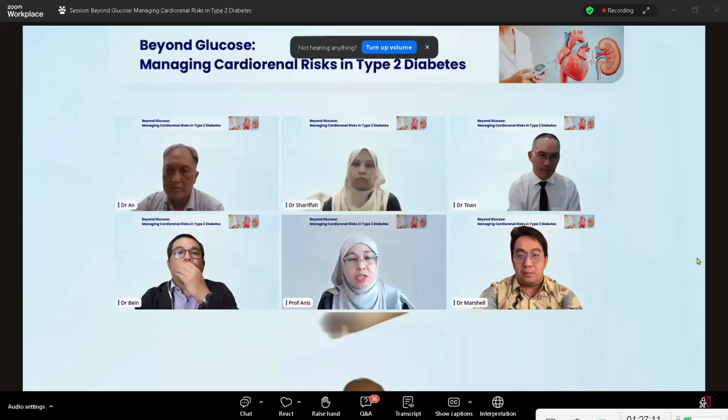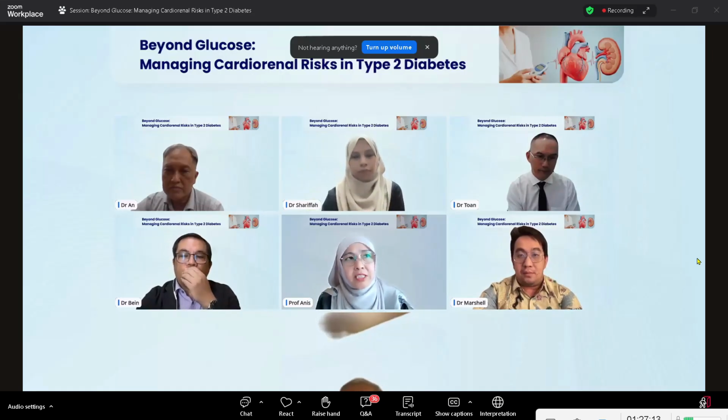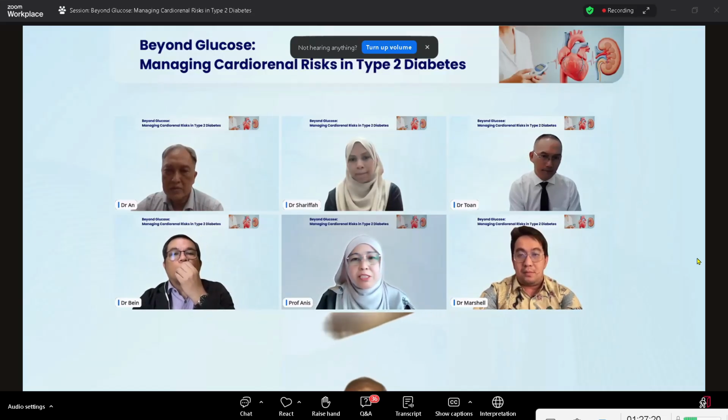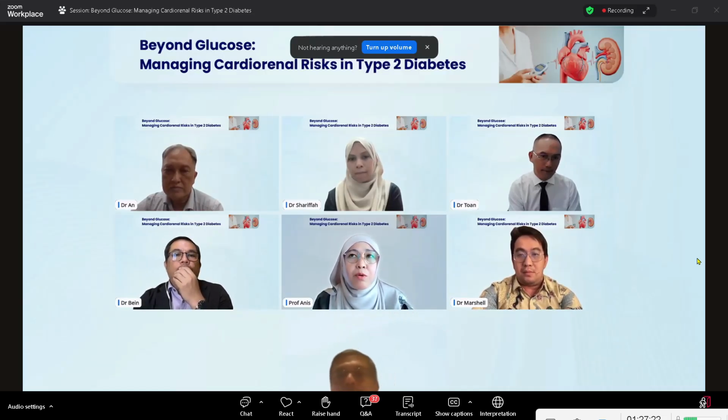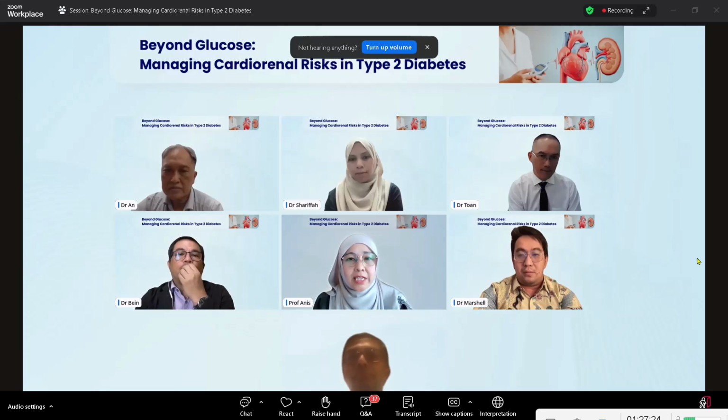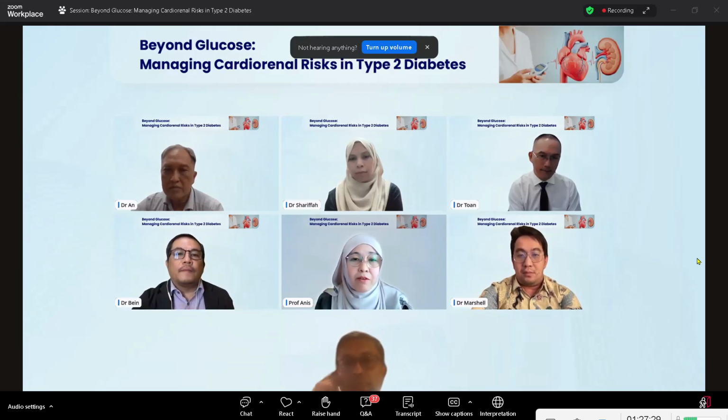There is a lab range already recommended, different for male and female, if I'm not mistaken about 2.5 for male or 3.5 for female. I think that's the best in primary care, if you have the resources.